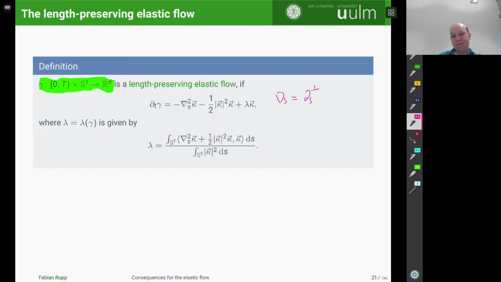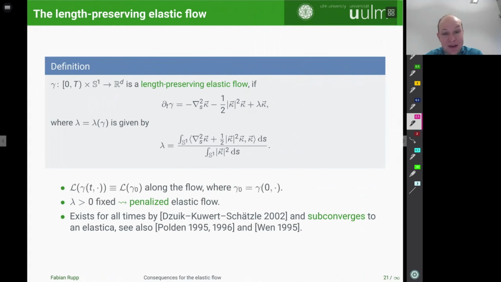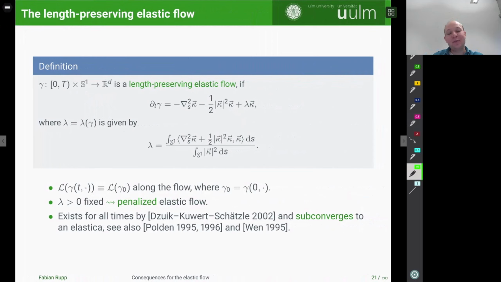So this is the length-preserving elastic flow, and to justify the name, one observes by a direct computation that the length is indeed preserved. You can check that by computing the variation of the length, which is given by testing the evolution equation against kappa, and then you find that lambda is chosen exactly in such a way that this is 0.